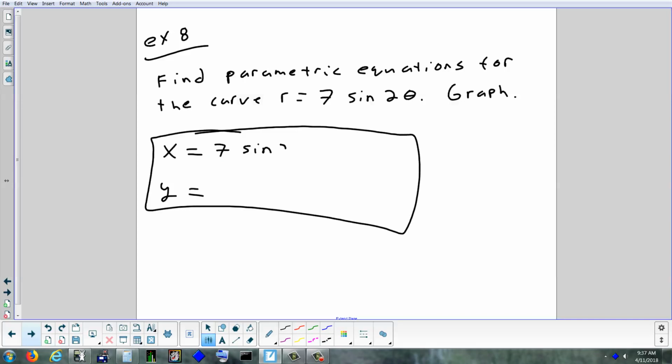7 sine 2t. And now that 7 sine 2t, what does that really represent? It's the what of a single point on this graph? Exactly, that is the radius.